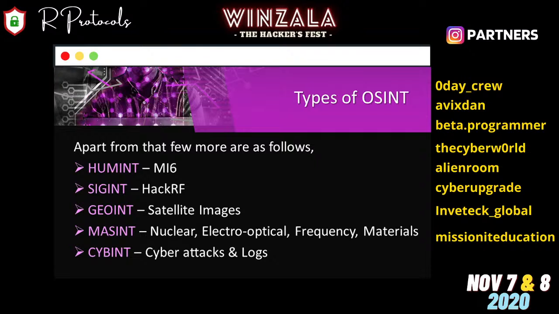The next one is geographical intelligence, where officials gather information from satellite images to cover geographical information. The other one is measurement and signature intelligence, which is used to gather information about nuclear attacks as well as electro-optical, frequency and chemical materials.